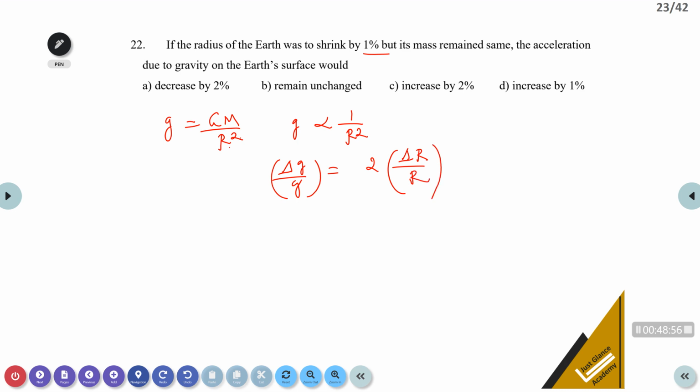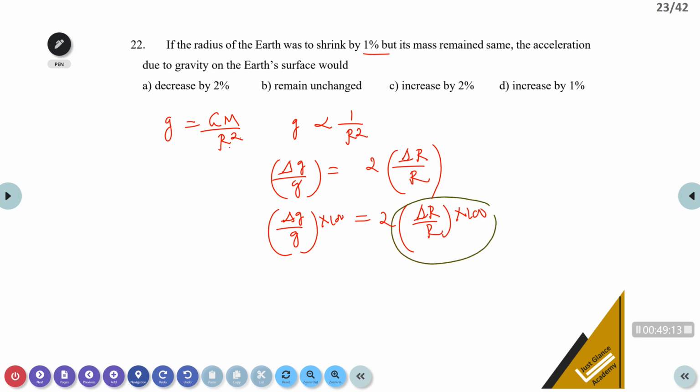I did several problems on this. Percentage means delta g by g into 100 equal to 2 into delta R by R into 100. This represents the percentage change in radius. How much percentage? 1%.